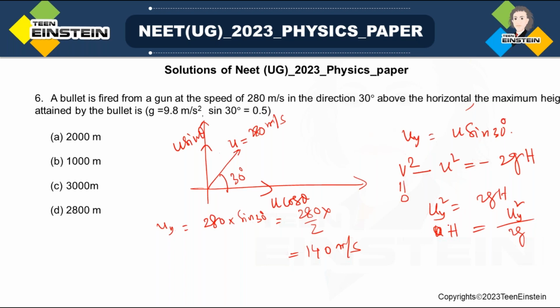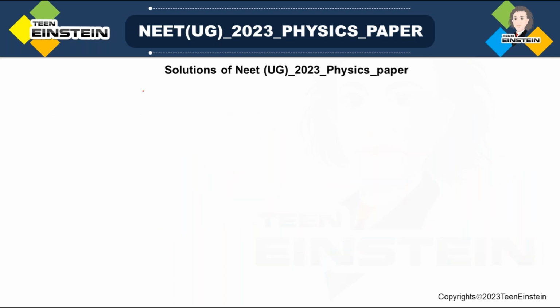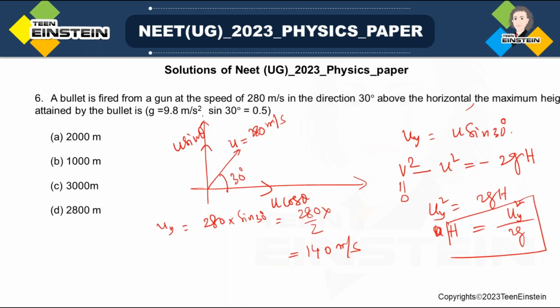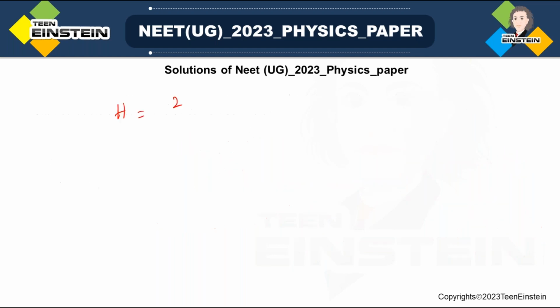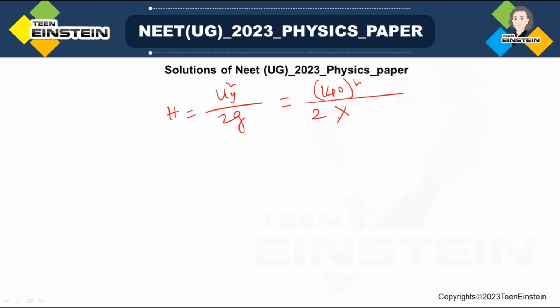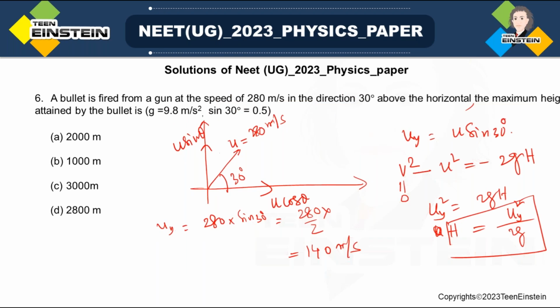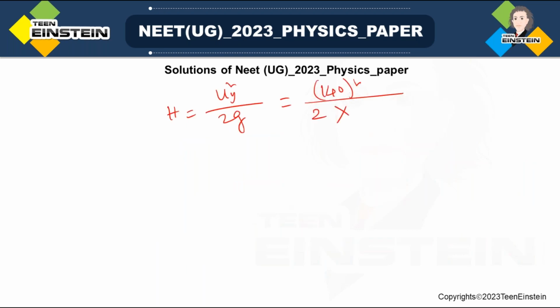Now the formula for maximum height calculation is uy square by 2g. Let us find out that h is equal to uy square by 2g. uy is 140, and g has to be taken as 9.8 meter per second square.